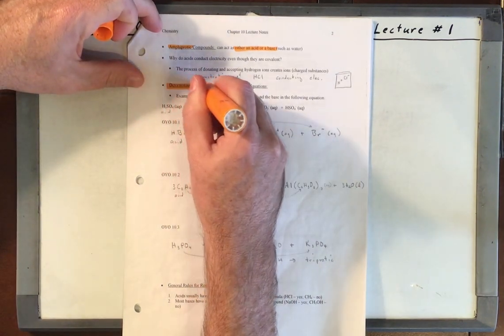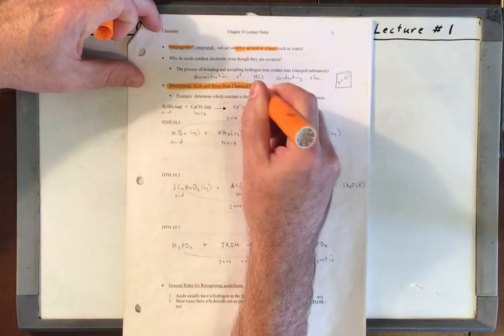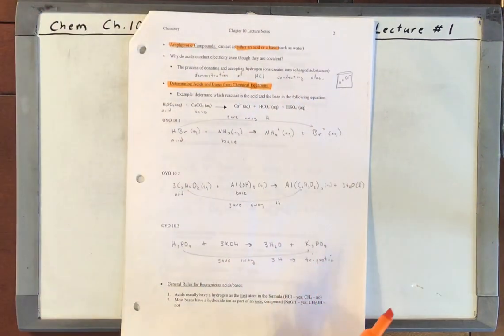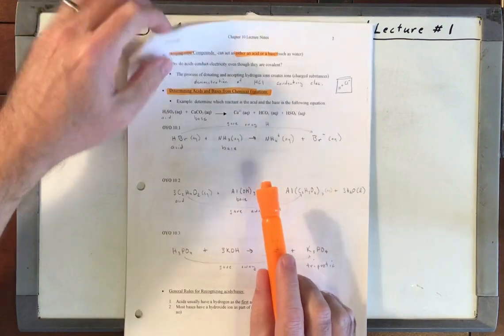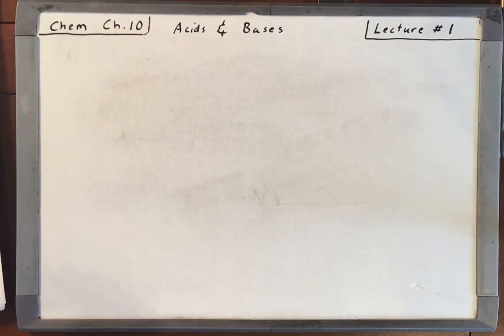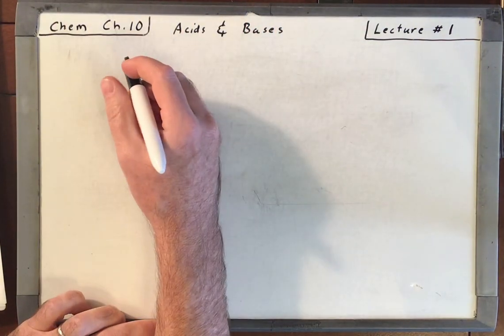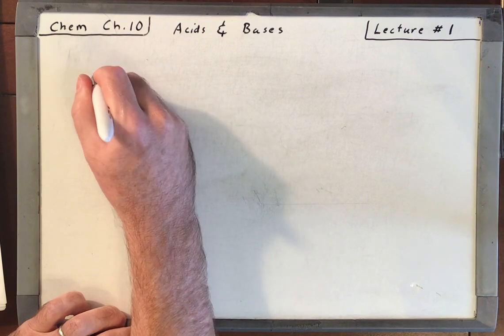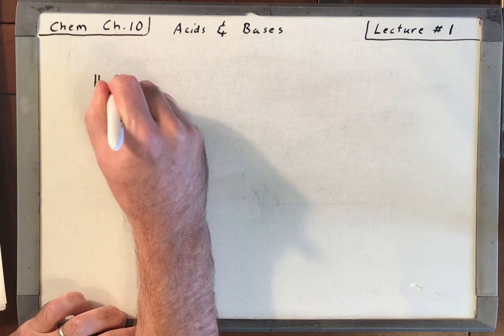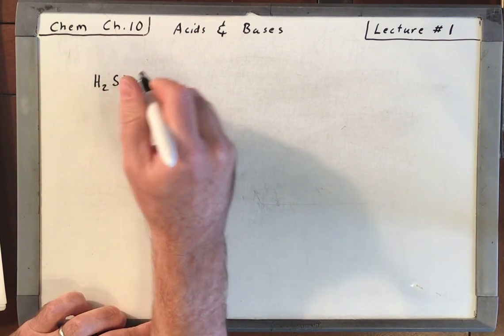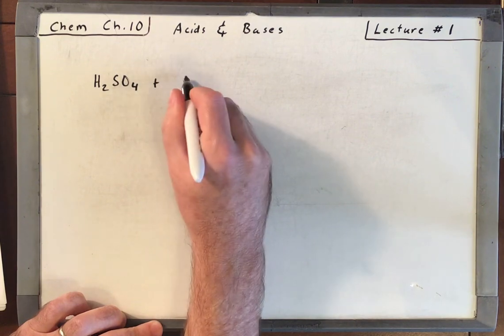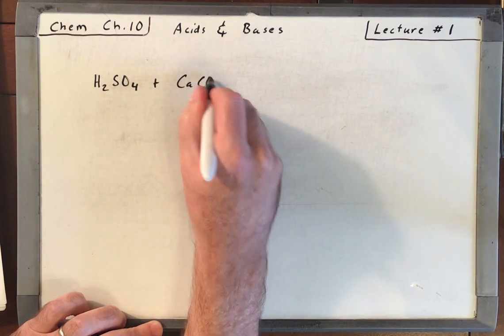This is where you're given a chemical equation and you have to decide what's the acid and what's the base. One that I have written out here, and I'll write it on the whiteboard, is H2SO4, one of the famous acids you'll have to memorize, sulfuric acid, plus calcium carbonate.